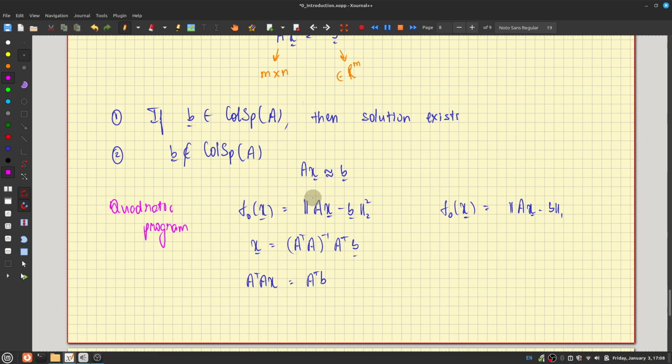And also, let's look at the following alternate problem. Recall that our objective function was to minimize the sum of squares, or the L2 norm squared of the error. Suppose instead that I wanted to minimize the L1 norm.